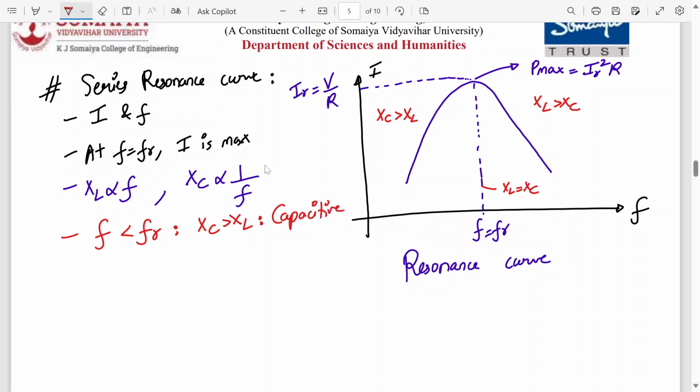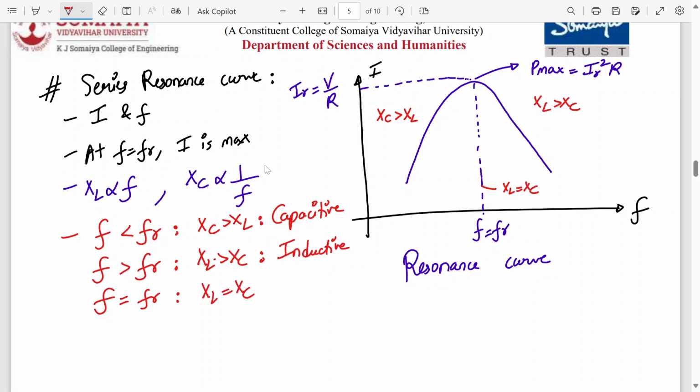So on the left hand side of the curve, it's capacitive. For any frequency higher than the resonant frequency, XL becomes greater than XC, so the nature of the circuit is inductive. And at resonance, what is the nature of the circuit? Resistive. Is this clear?